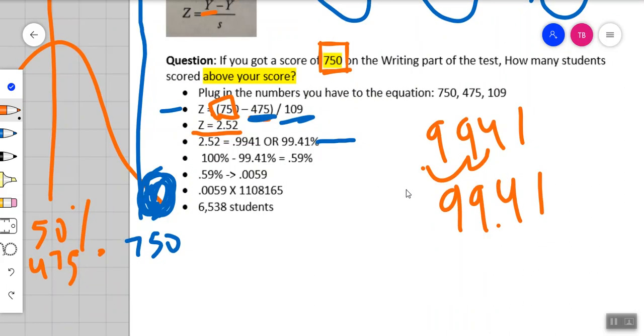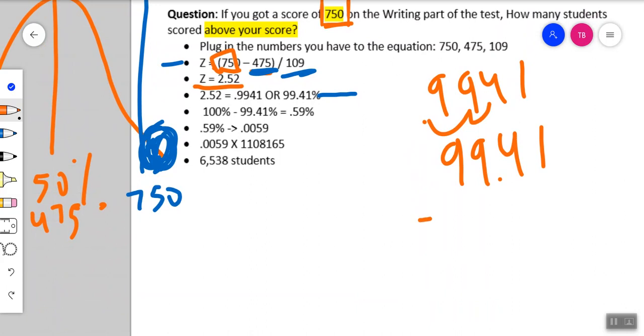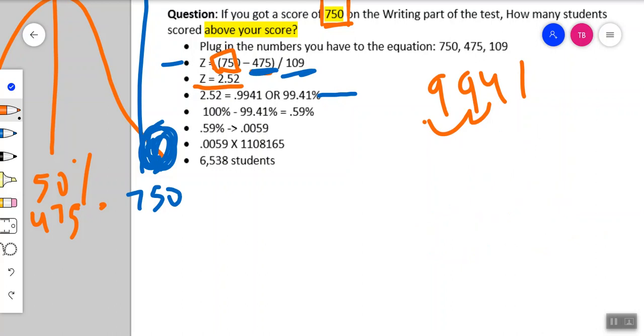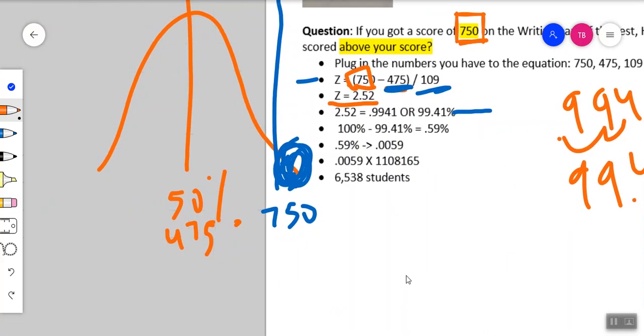Now what we're going to do, similarly as before, is subtract, but we're doing it slightly backwards this time. So we know that it's 99.41%. But again, if we look back, this is why it's helpful to draw it out, we're not concerned with this side, we're concerned with this part right here.